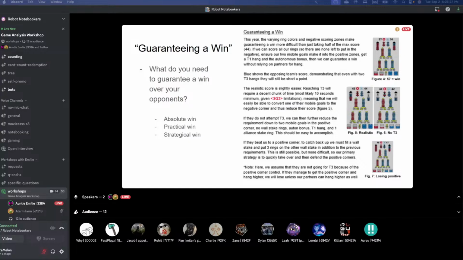Now, sometimes this can be really difficult. It's a lot of points. It's more than you can feasibly achieve, or necessarily should try to feasibly achieve, because you might be taking greater risks than necessary. So the second way that you want to look at guaranteeing a win is guaranteeing a practical win. And this is essentially, yes, there's things your opponents can do, but it's very unlikely that they're going to happen.